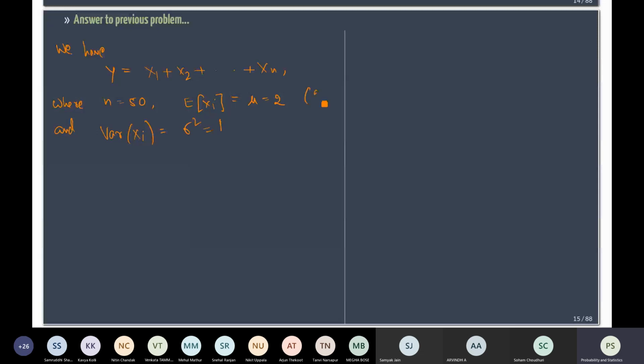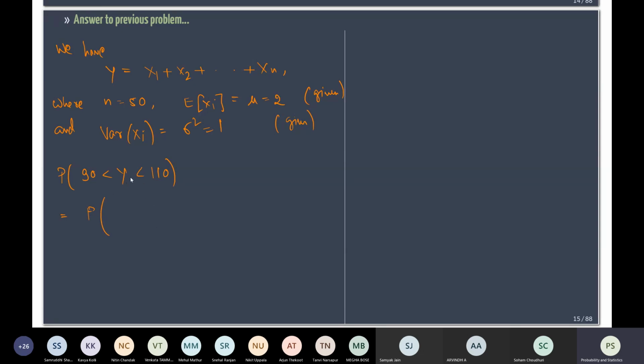So these are given quantities. Now we are supposed to compute the probability that the sum of the times lies between 90 minutes and 100 minutes. So this will be the probability.